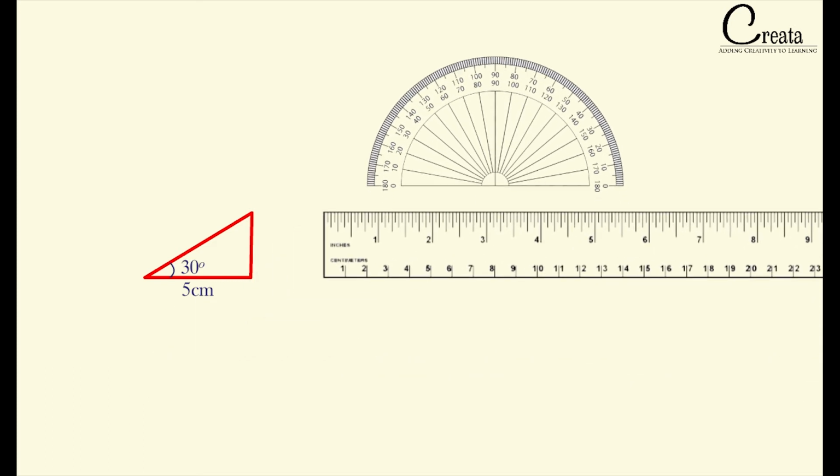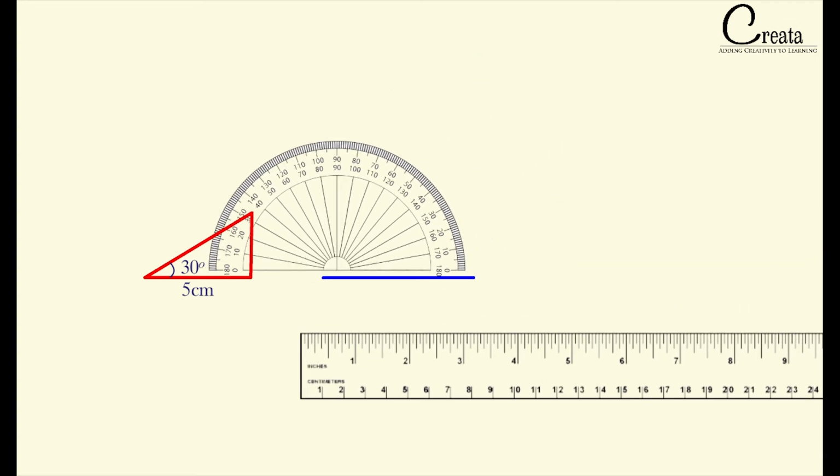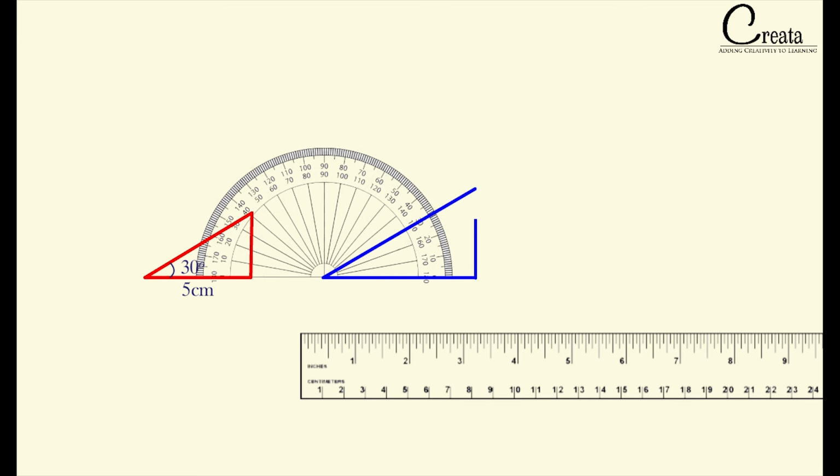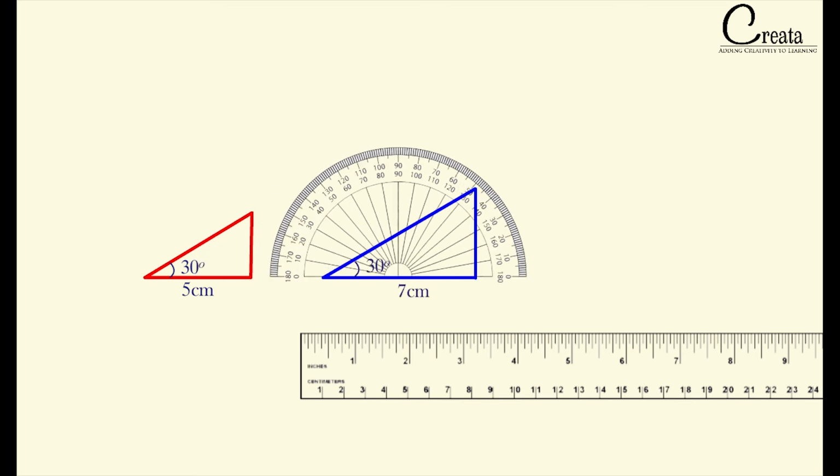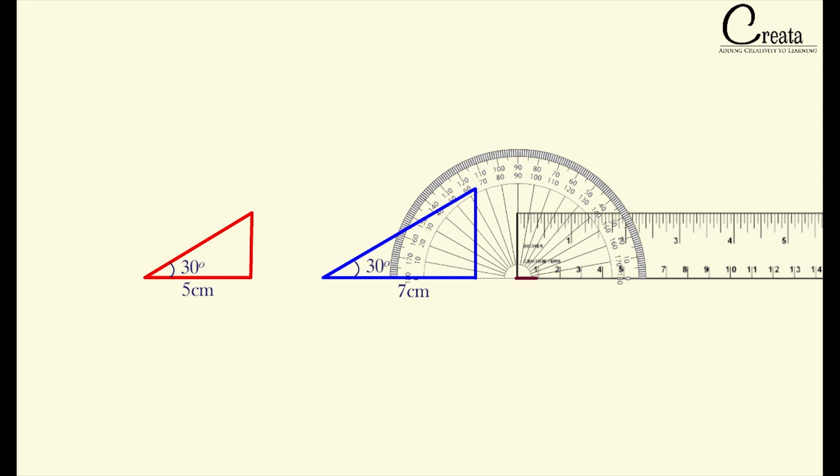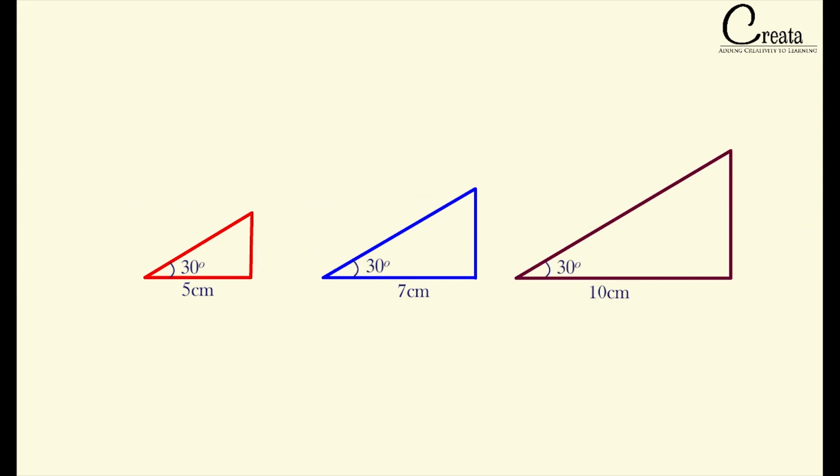Similarly, we will draw another right angle triangle with base say 7 cm and the same angle of 30 degrees. Similarly, the third triangle with base say 10 cm and the same angle theta of 30 degrees. Okay, we have got three right angle triangles with bases 5, 7 and 10 centimeters respectively and the same angle theta of 30 degrees. Angle theta is fixed, it is not changed.